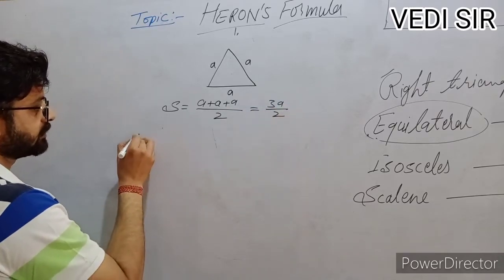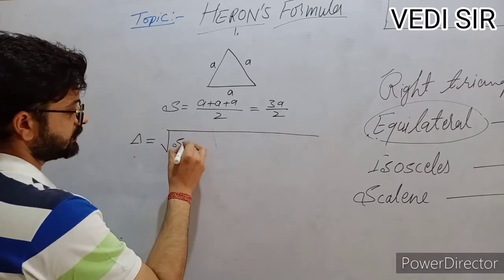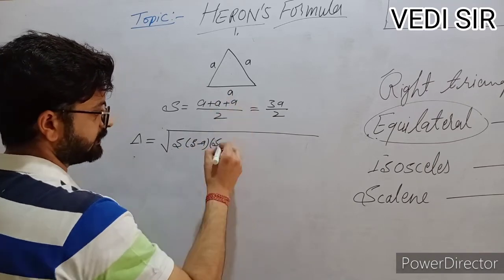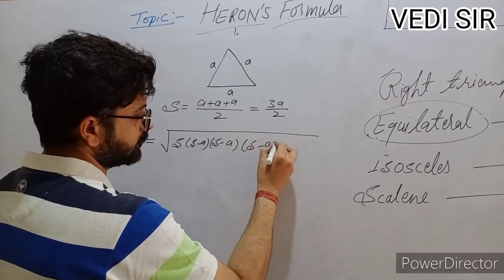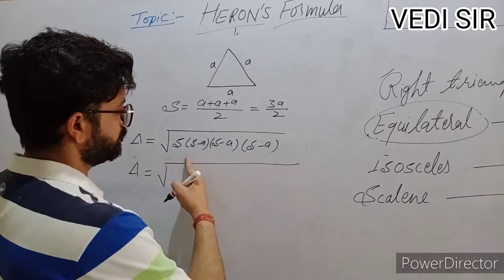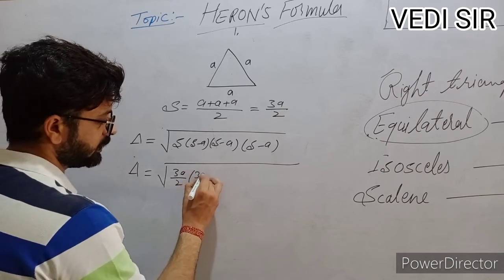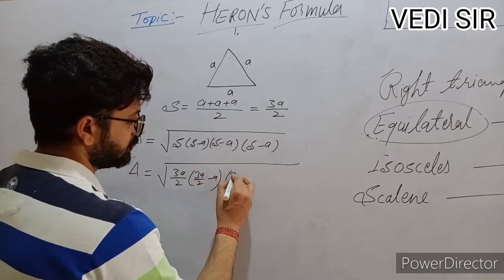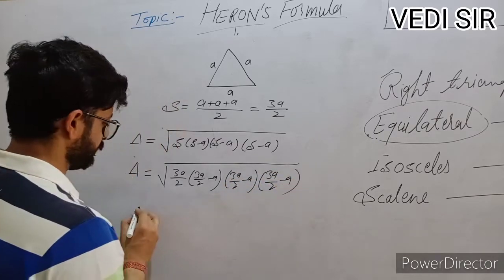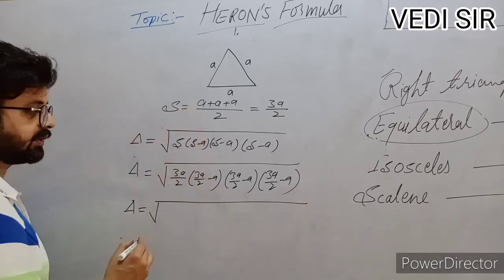Now I am going to apply Heron's formula. So the formula is S minus A, S minus B, another side that is also A, and S minus C, that is also A. Now I am going to place the value of S, 3A by 2, minus A, 3A by 2 minus A, 3A by 2 minus A. We are calculating the area of an equilateral triangle.